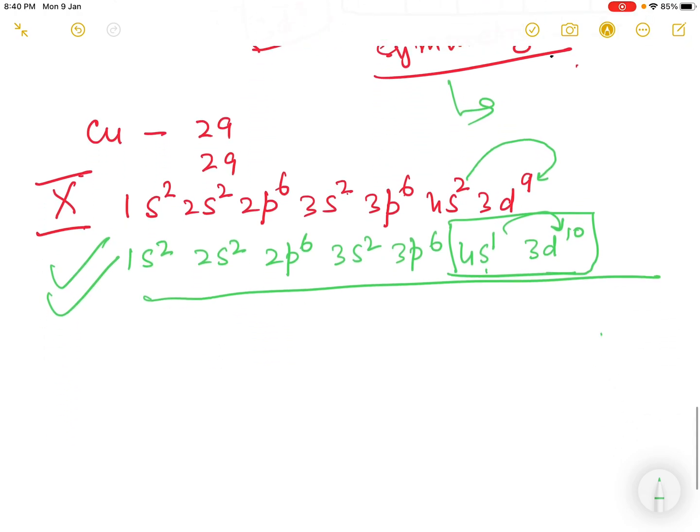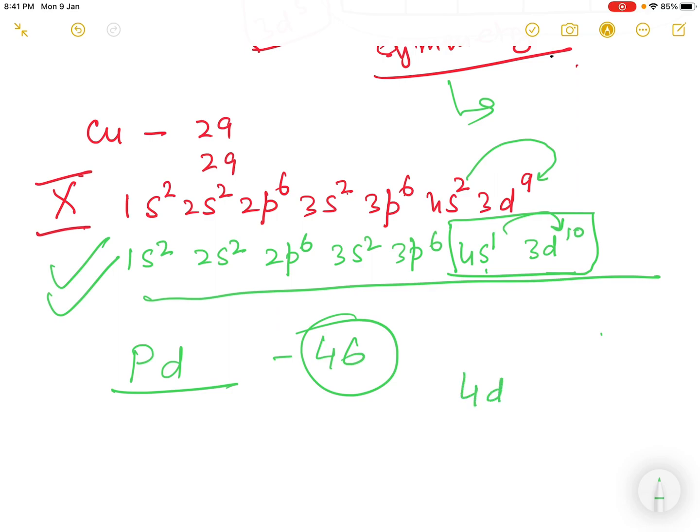And another exception is palladium, which has atomic number 46, so the number of electrons is 46, and it has 4d10 instead of 5s.